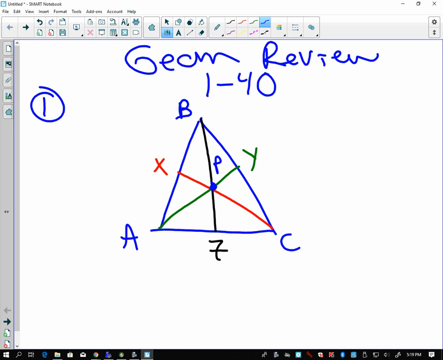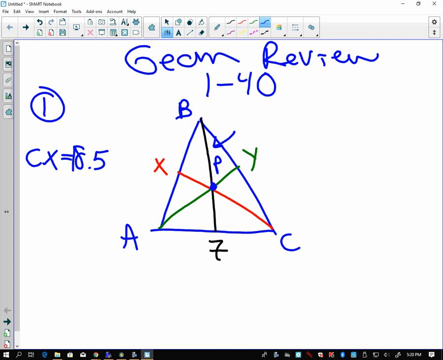Looking at this, they're going to say something along the lines of CX. CX is that whole red median line. Let's say CX is 18.5. They might also give you the distance BP, whatever that might be.